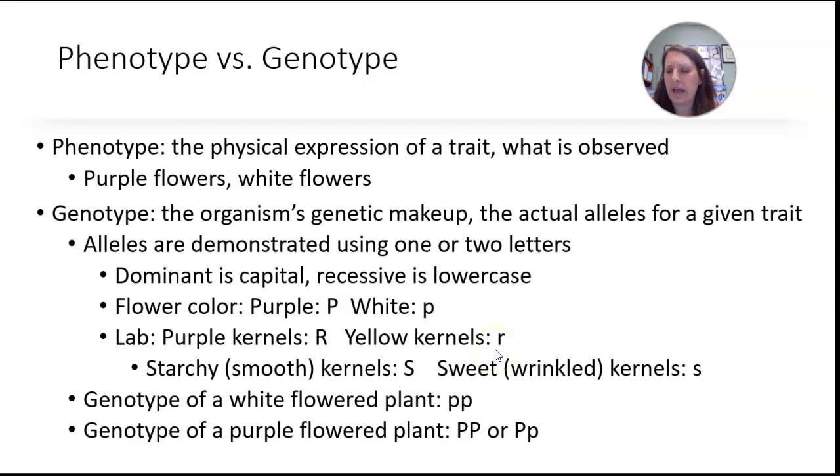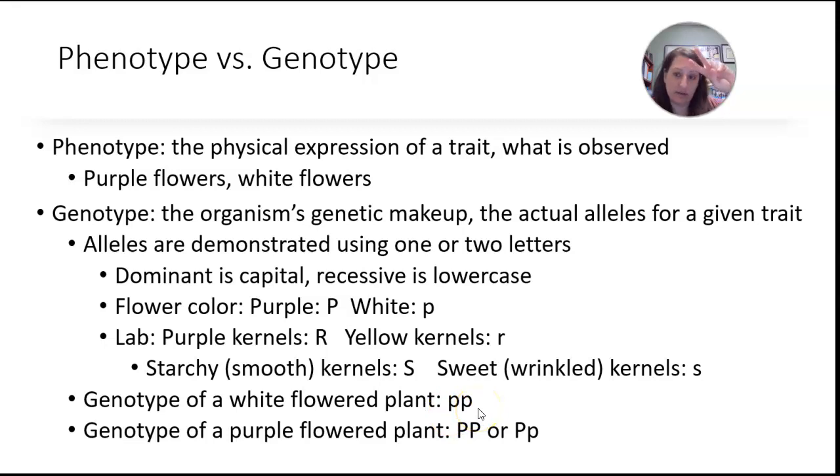You'll also be looking at kernel shape. So you're going to hear starchy, which also means smooth. That's dominant, and we're going to use a capital letter S. And then sweet, which is recessive, which is also wrinkled, we will use a lowercase s to represent those alleles. Now for genotypes, if we have a white flowered plant, the genotype for that plant would be little p, little p.